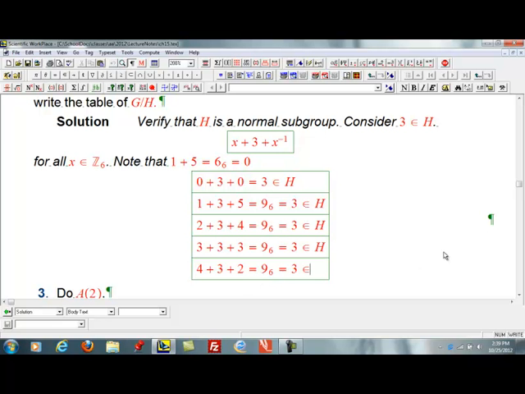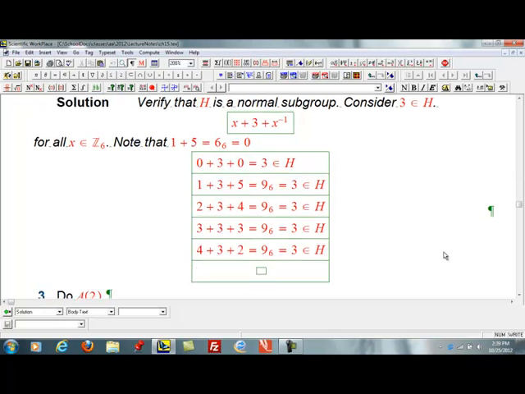So, yes. And then the last one, just because we want to cover them all. 5 plus 3 plus 1 is equal to 9. Mod 6 is equal to 3, which is in H. We don't have to do 0 because 0 plus anything is anything.